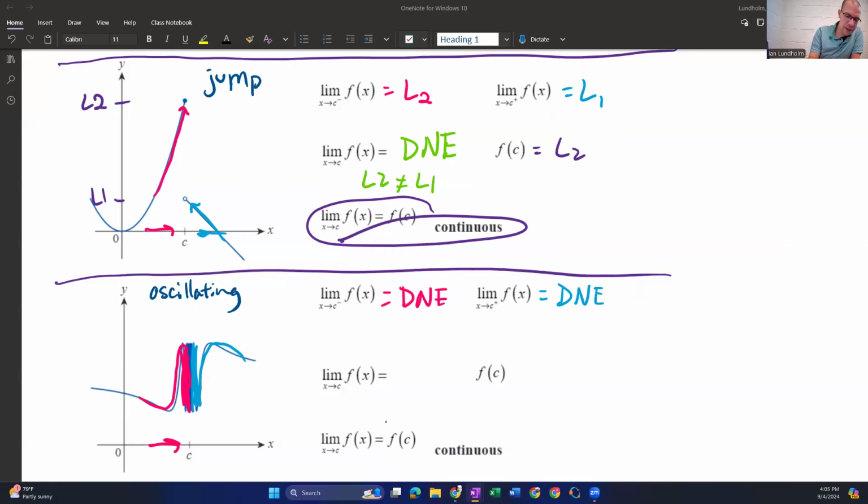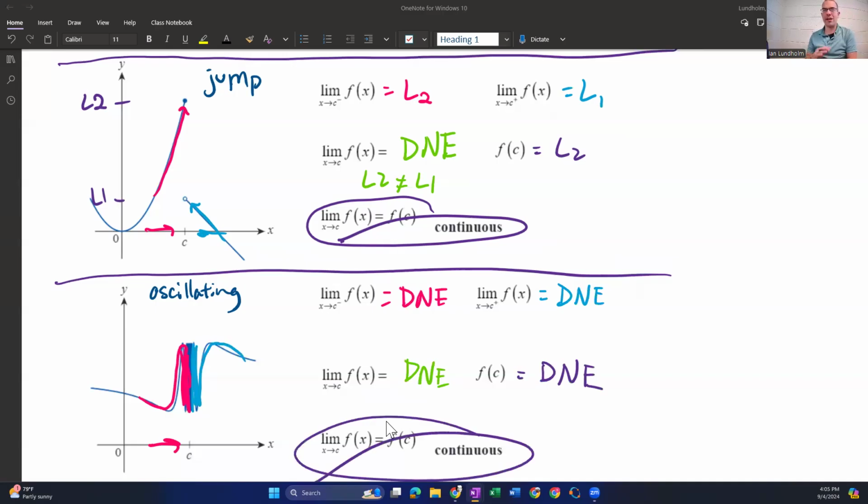That definitely means that the overall limit does not exist. F of C in this case probably doesn't exist. And there's no hope of it being continuous if all of those things aren't really well defined. There's a chance.